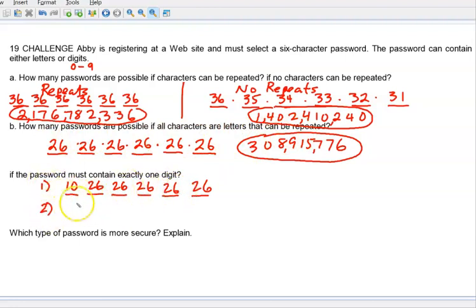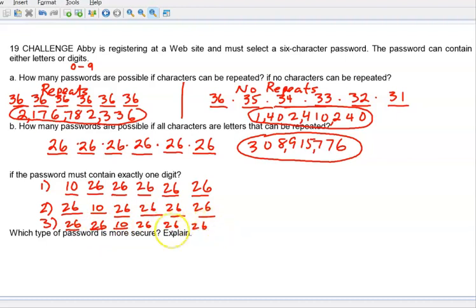Another option would be I could make the digit the second character. So that's a possibility. And then I could make the digit the third character. Okay, that's another possibility.